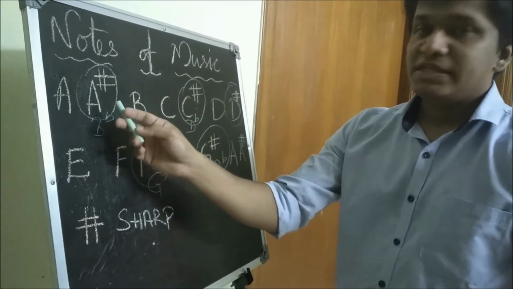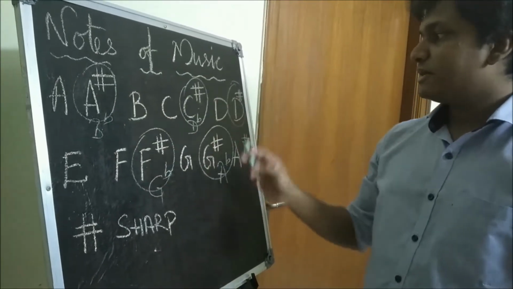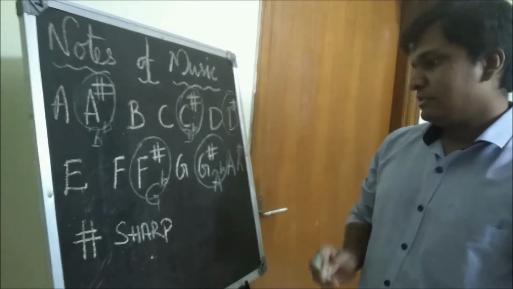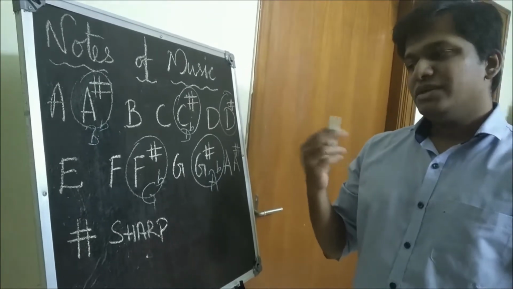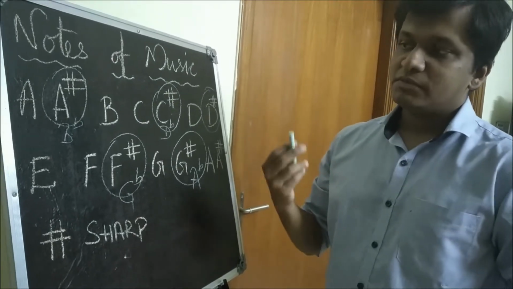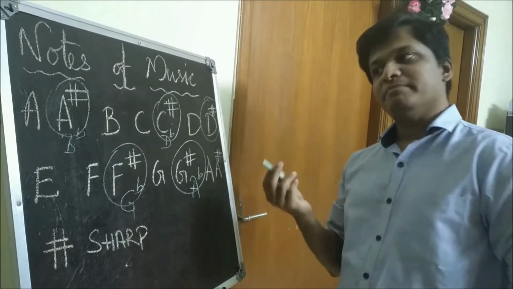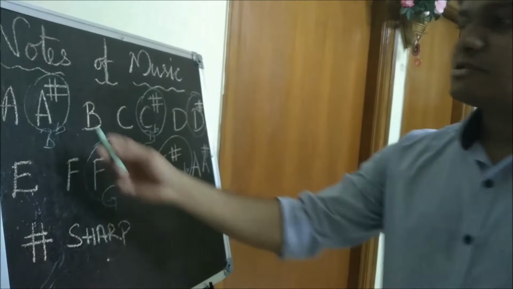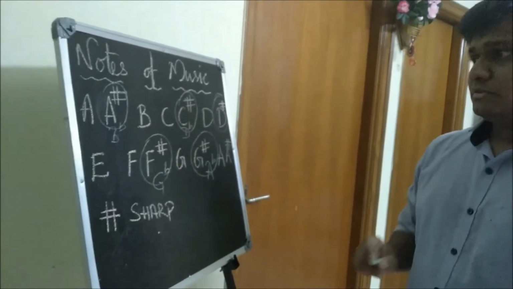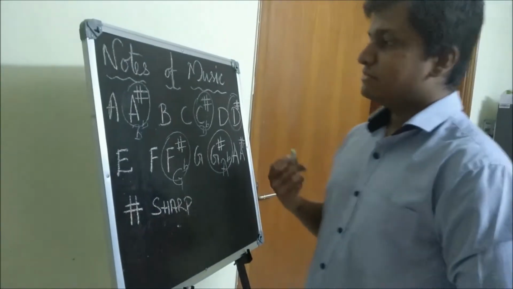The notes A sharp, C sharp, D sharp, F sharp, and G sharp can be called flats also, which in other words means that they have another name. So A sharp can be also called B flat. Now, why do they have these two names?